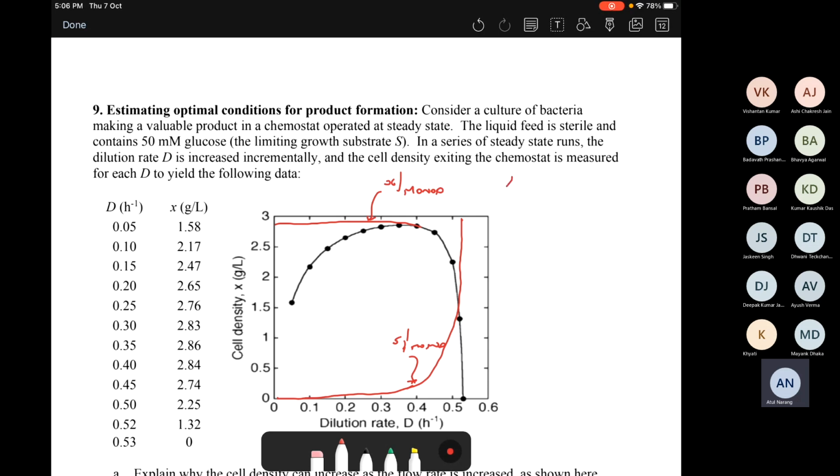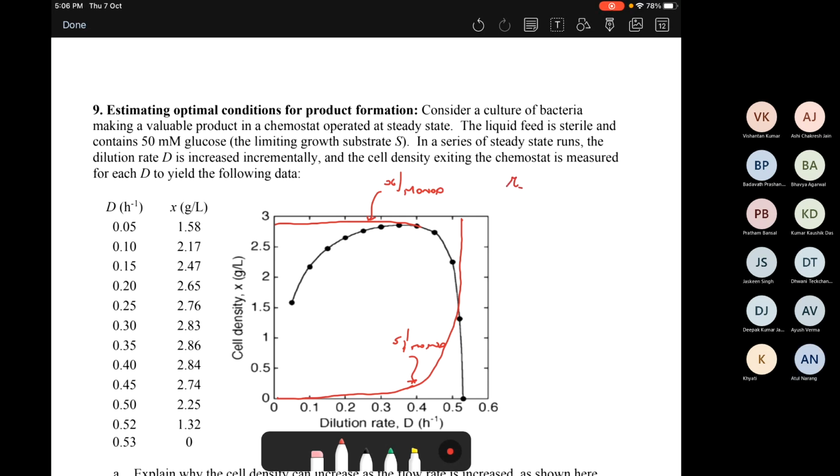The Monod model says that the substrate uptake rate is equal to Y XS multiplied by mu. And it says that the rate of product formation is Y XP times mu. This is what the Monod model says.